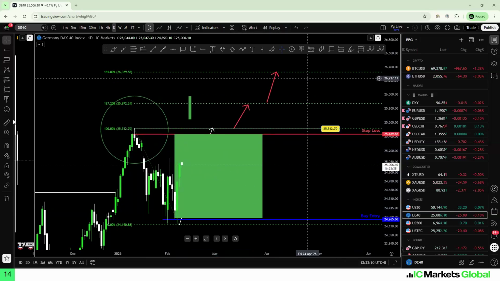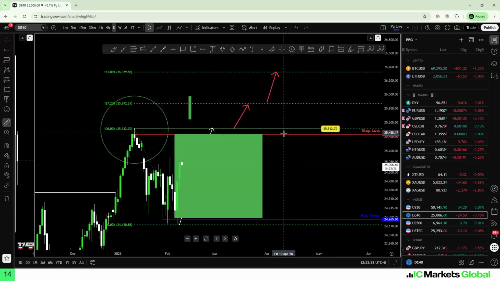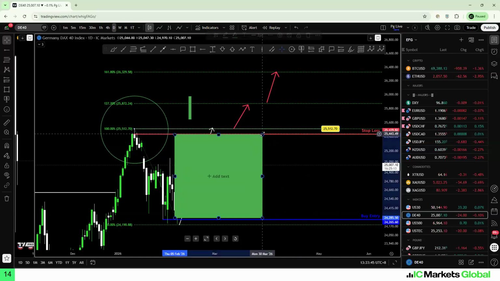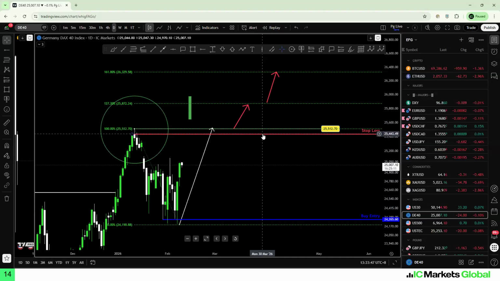Even though, let's say, price reverses and hits my stop loss, I still gain how many percent? How many pips? Like 116. You see that? So this is how you use the trailing stop loss.